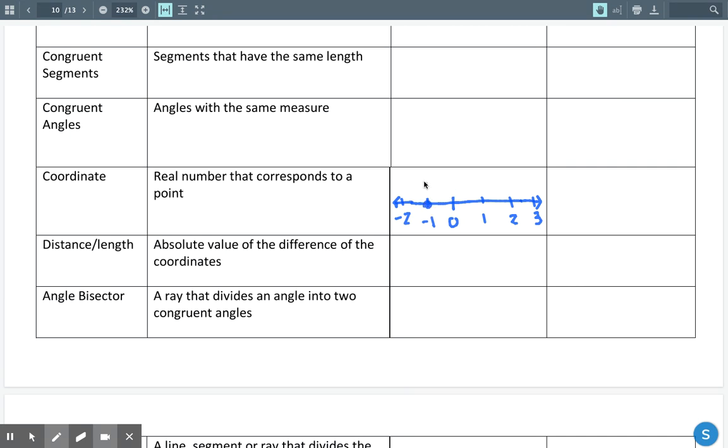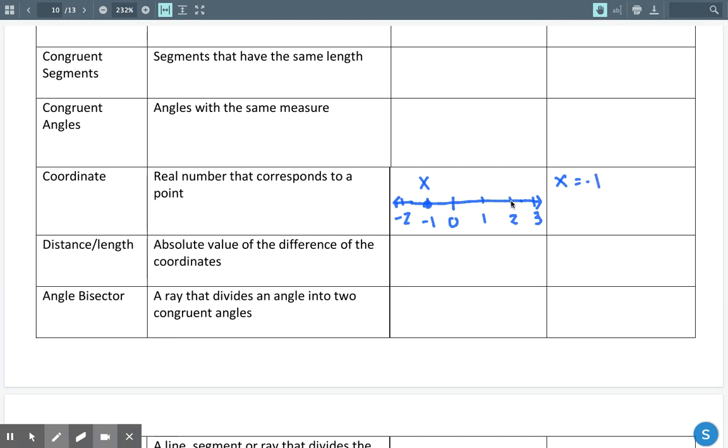And we're just going to call it X. Does that make sense? Hopefully we got that going on. So -1 is the coordinate of X. So I can say X equals -1.